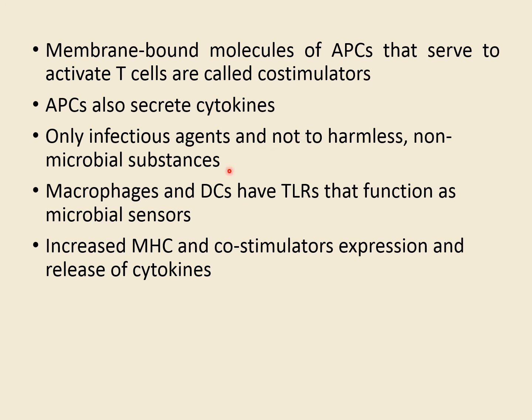Some antigen presenting cells like macrophages and dendritic cells have toll-like receptors, the ones we discussed in the innate immunity lecture. These toll-like receptors function as microbial sensors. When they bind to specific microbial PAMPs, they trigger an immune response. So an increase in MHC molecules on the surface and co-stimulatory expression results in an increase in release of cytokines and other immune response enhancement.